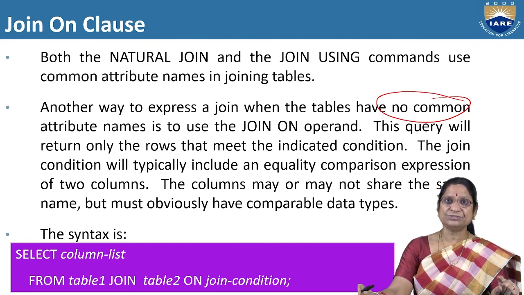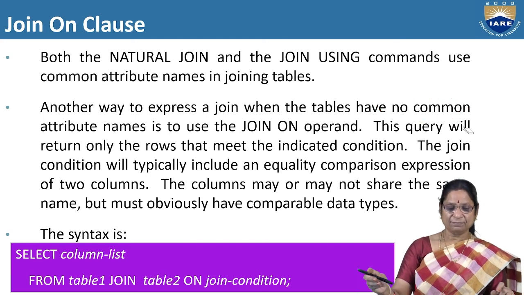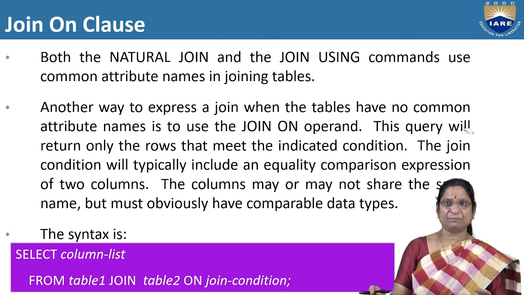The using clause is used to join our data based upon the common attributes. If our tables don't contain common attributes, any other join condition has to be specified by us. Then we will use the clause on. So on means here: select column list from table 1, join table 2 as usual.